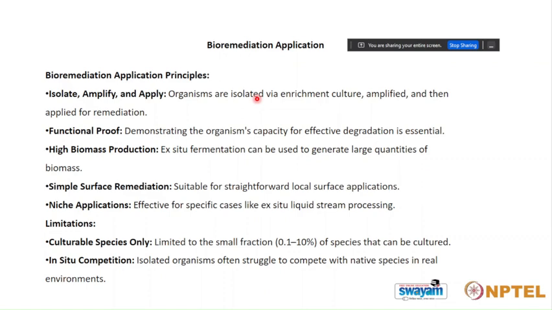Then we should create a functional proof, which means we have to prove that a particular organism has the capacity to be involved in the degradation. So that functional proof we have to provide. And high biomass protection is also required in order to increase the process efficiency.